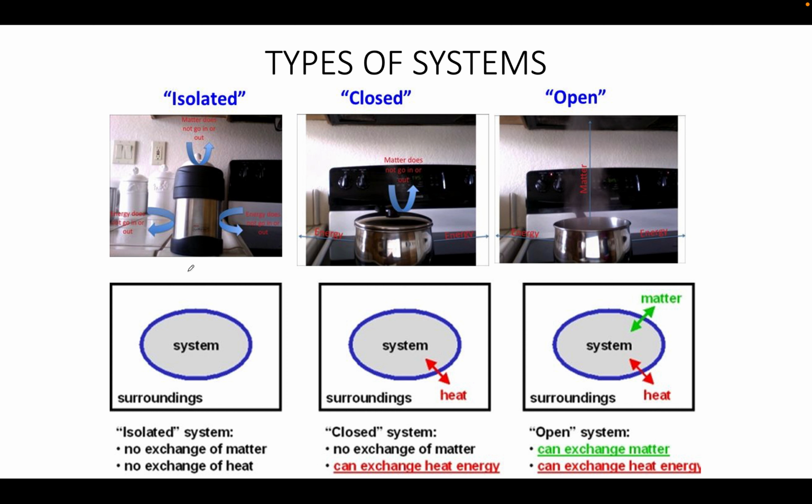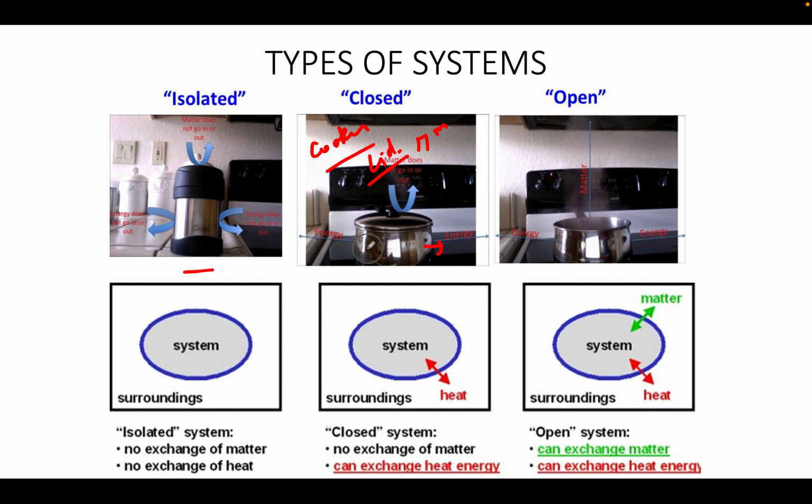As you can see, isolated is shown with the vacuum flask. Matter is not going in or out. Even energy exchange is not possible. And if we talk about the closed one, if you are keeping something in a pressure cooker, obviously, don't consider a pressure cooker, because when the whistle goes up, the mass is also exchanged. So we can consider a container which is covered by a lid.